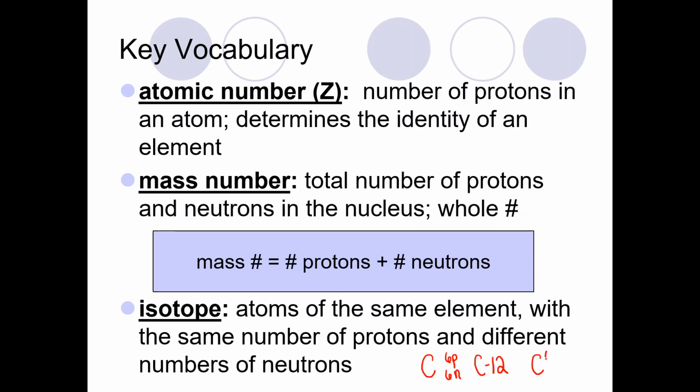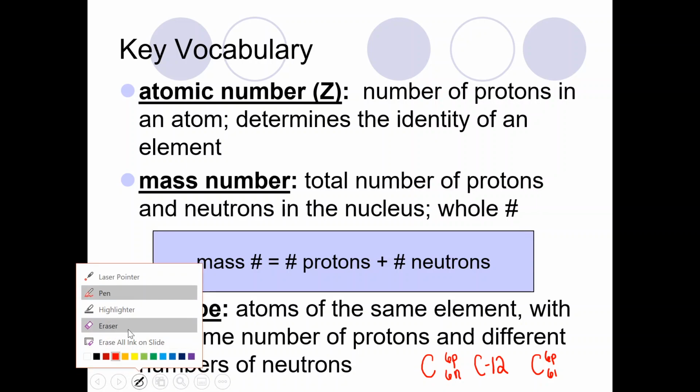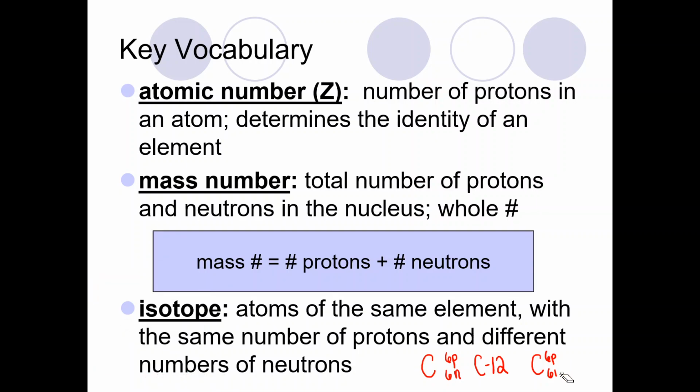So not 6 protons and 6 neutrons. Let's say we have 6 protons and 8 neutrons. Add those two together, and I get carbon 14.